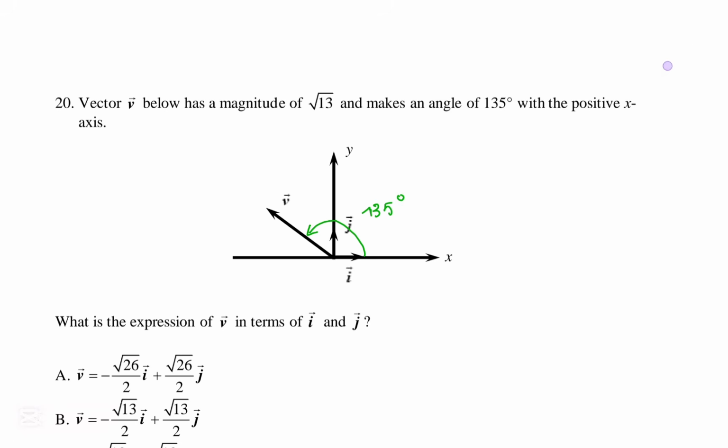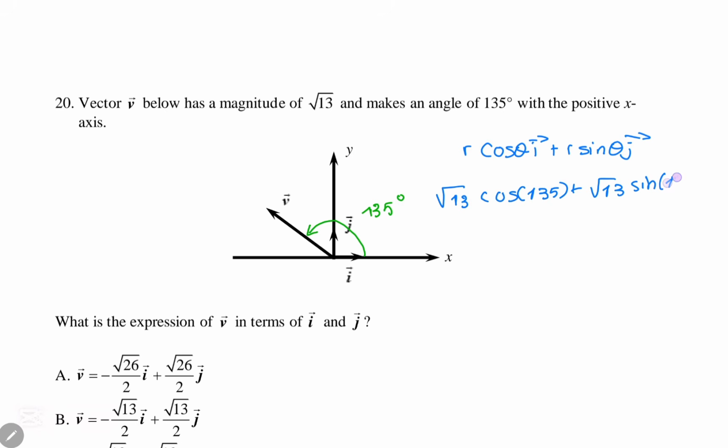We have the magnitude and we have theta. So it would be r cosine theta i plus r sine theta j, okay? So it would be radical 13 cosine 135 i plus radical 13 sine 135 j. Put it on your calculator.